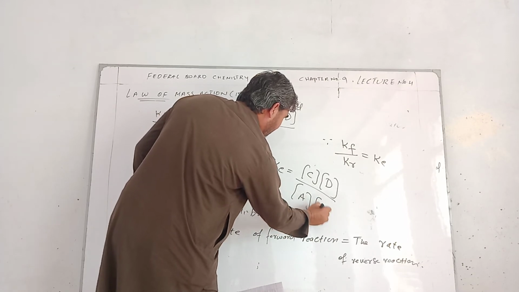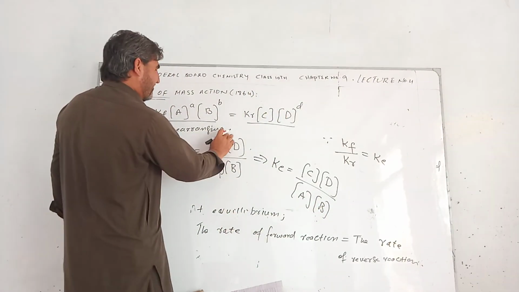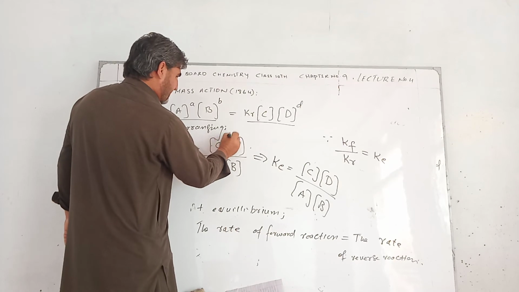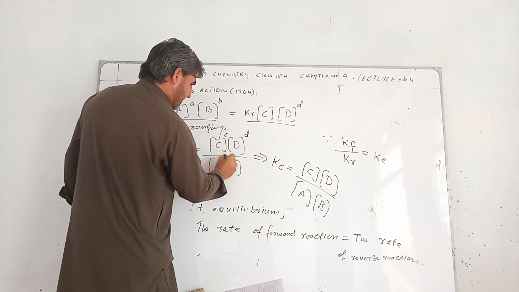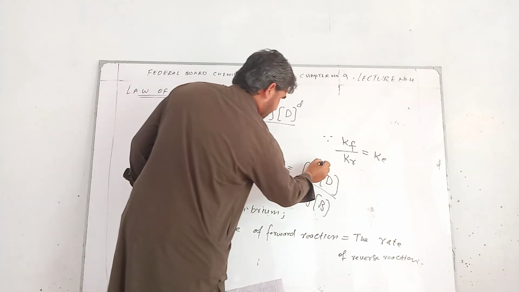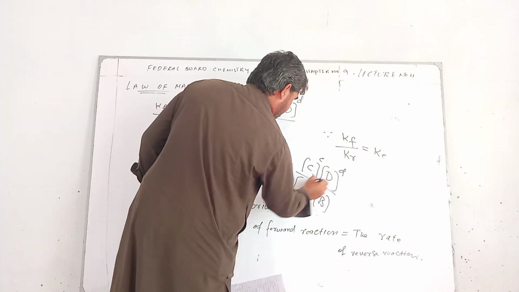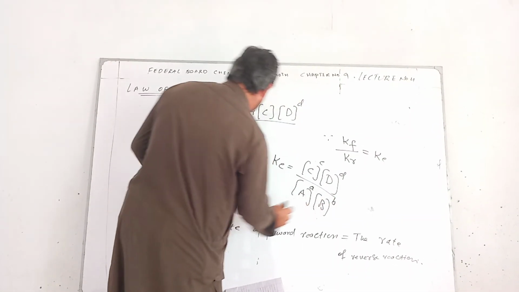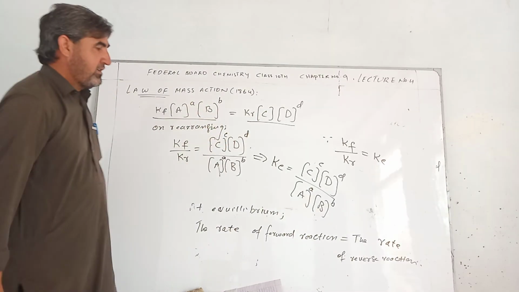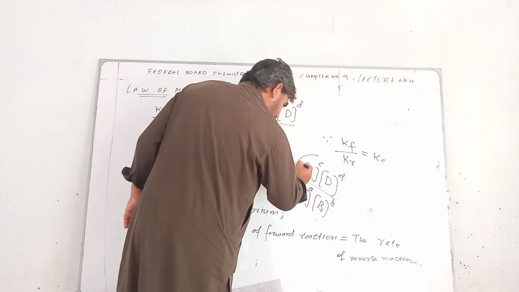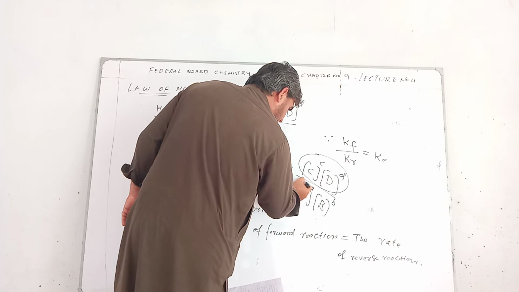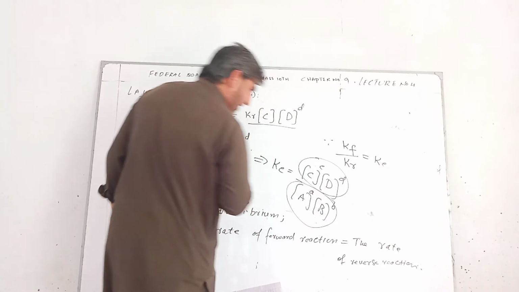But here these are actually the number of moles, C, D, A, B. This is the concentration of the products divided by the concentration of the reactants.